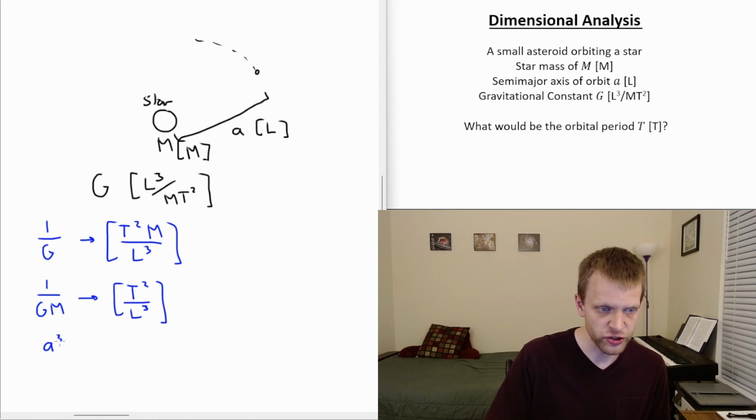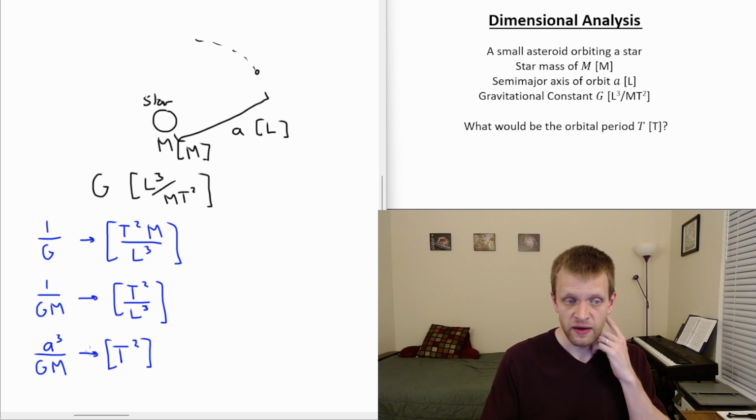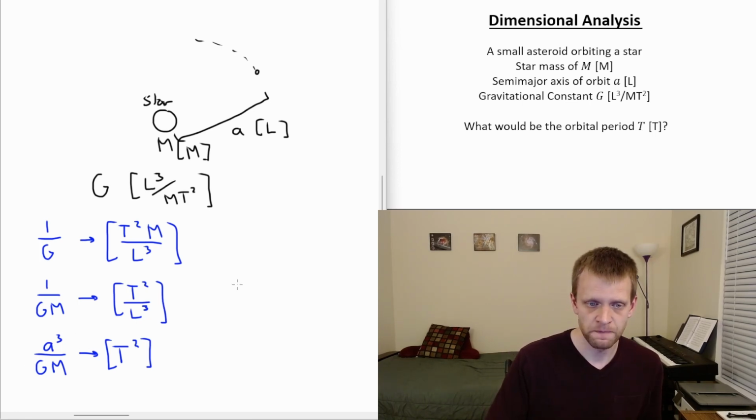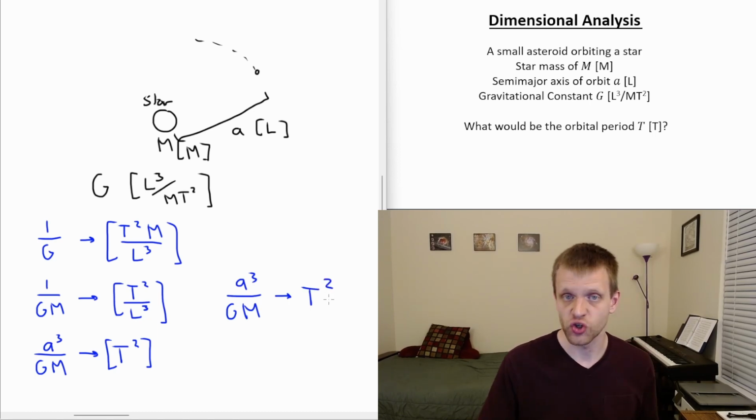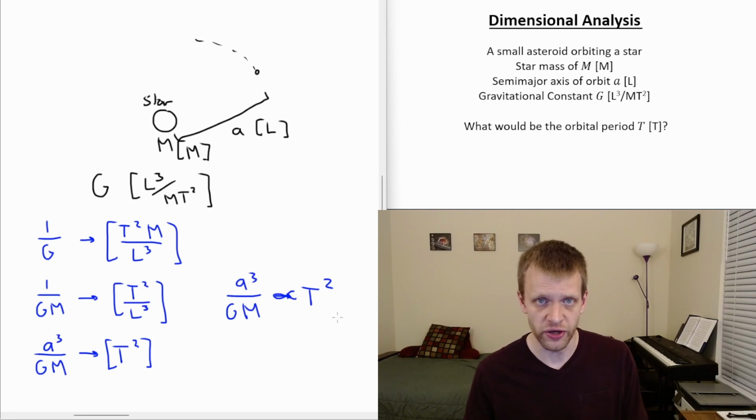So that semi-major axis cubed over G times M gives us units of time squared. So basically, this combination of units, this semi-major axis cubed divided by G times M, will be related to the period of the motion squared. Those quantities are proportional to each other.